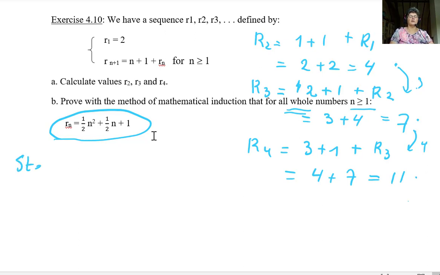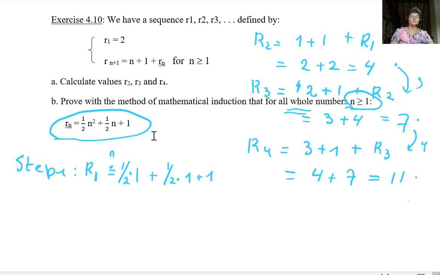Step 1. Well, we know this. Step 1. To prove it's true for the first element. So the first element is R1, because n is larger or equal to 1. So we need to prove that R1 equals a half times 1 squared plus a half times 1 plus 1.